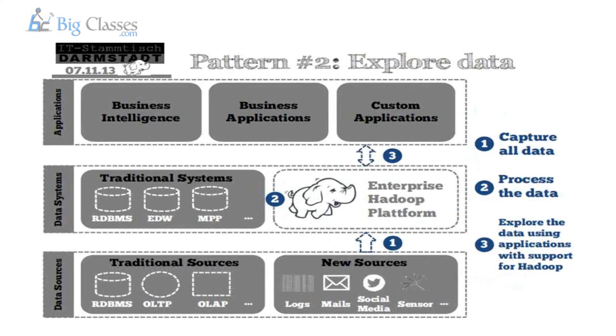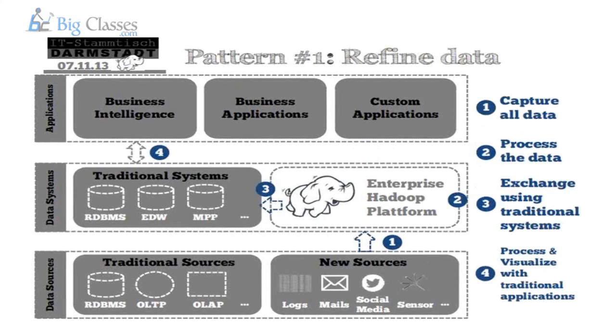In the previous one, one last question, Ravi: how are we going to store our mails and all unstructured data into the structured database? Because all traditional systems are structured databases. So how are we going to process those? See, when I say we are going to transfer some data into the traditional systems, it is not that all the data is going to be transferred.